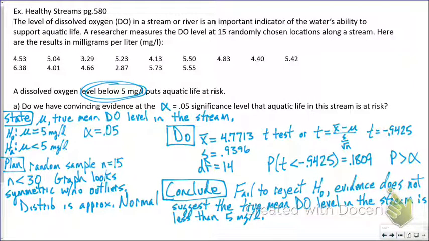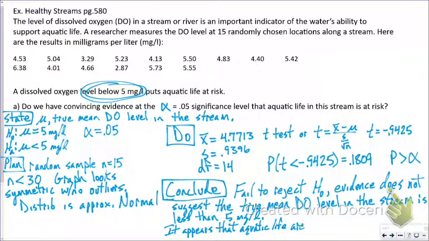But look up there, it says, do we have convincing evidence that aquatic life are at risk? Make sure you go back up, look at what it would mean for aquatic life to be at risk. That's whenever DO levels are too low. So we are going to say it appears that aquatic life, say are or is?